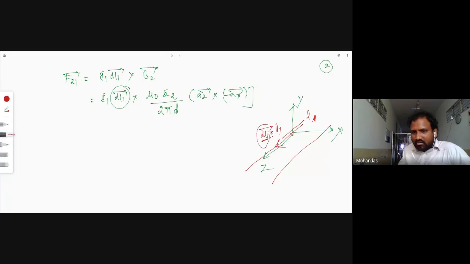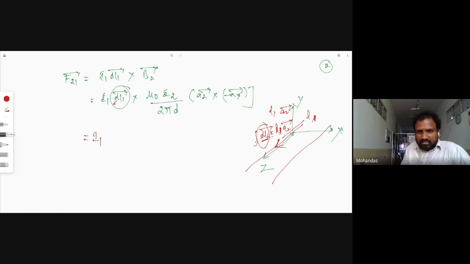Because it is a vector, you have to write the unit vector also. So how to write dl1 here? L1 into Az. What is the unit vector? Az. Very good. If you integrate this, you will get L1, in the direction of Az.